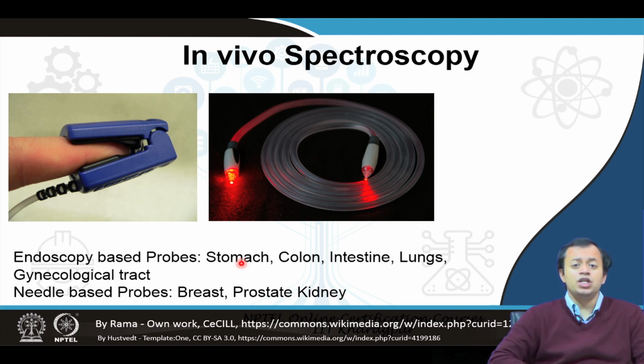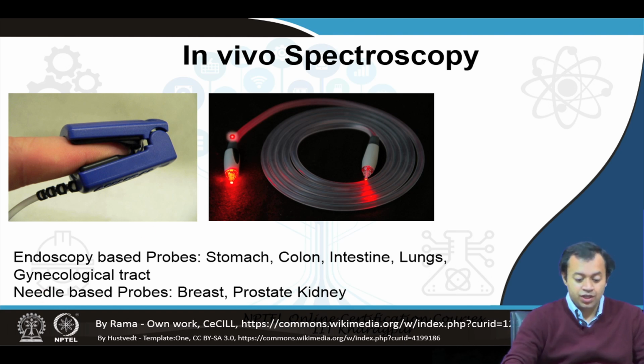But what if you need to reach a solid tissue like breast or prostate or kidney? All of these others, stomach, colon, intestine, lungs, contain orifices, there are already holes and you are putting it through them. What if it is a solid part, breast or prostate or kidney or liver? Well, you use a needle.